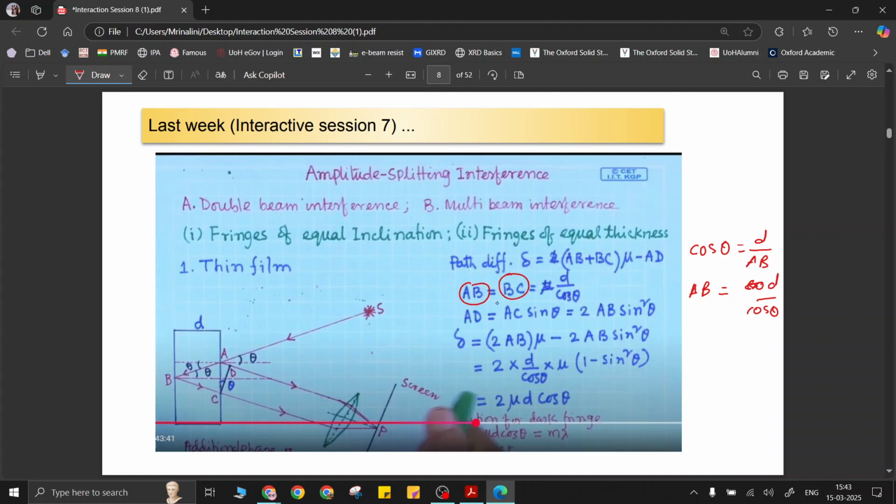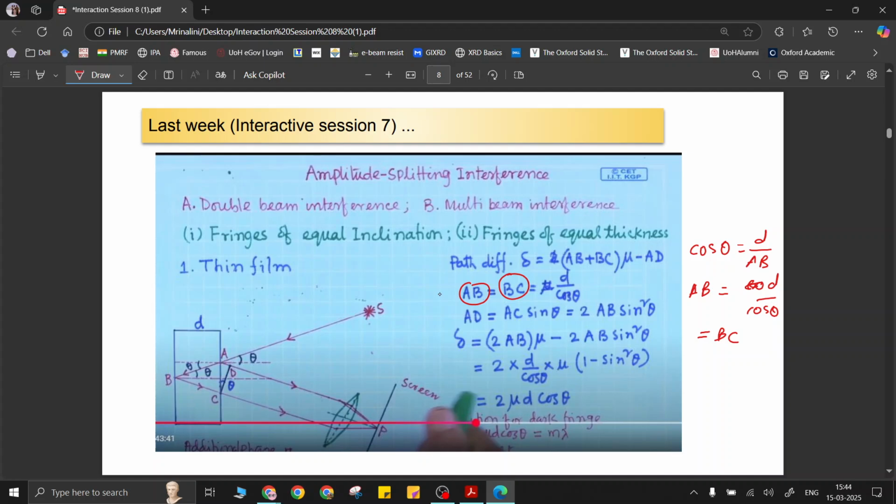Since AB and BC are equal, we get d over cos theta for each. Now AD, which is this distance, is the projection of AC, which gives 2 AB sine square theta. So delta finally is AB plus BC multiplied by mu, minus AD. The values of AB and BC we have found in terms of d over cos theta, and we have to subtract AD from it.